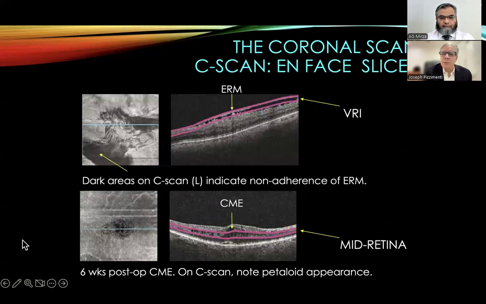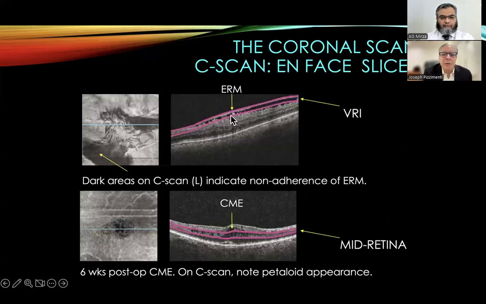And I also want to impress upon the audience the importance of the coronal scan or C-scan. We spoke briefly about en face OCT, where we can look at these slabs and we can click and drag these two purple lines to move it up and down.